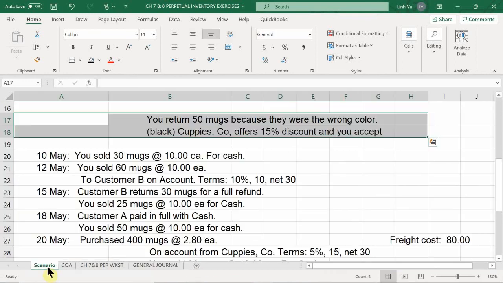Okay. So let's take a look at our next scenario. Then the 12th of May, we sold 60 mugs at $10 each, and we sold it to customer B on an account. Terms are 10%, 10, net 30. So let's go ahead and journalize this real quick.